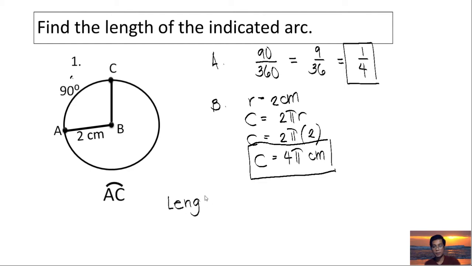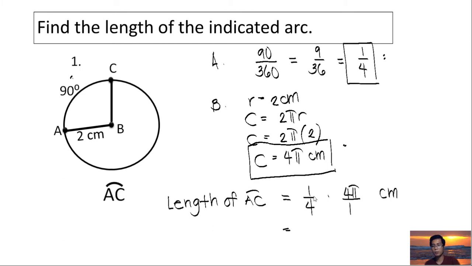So, para makuha ang length of arc AC equals, measure of arc over 360, ito na yon. So, 1/4 times the circumference of the circle, 4 pi centimeters. So, si 4 pi may denominator na 1.